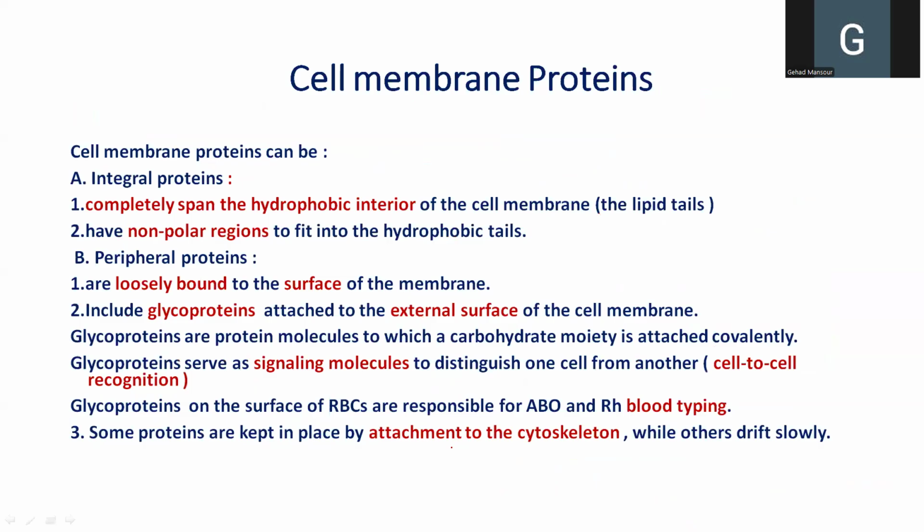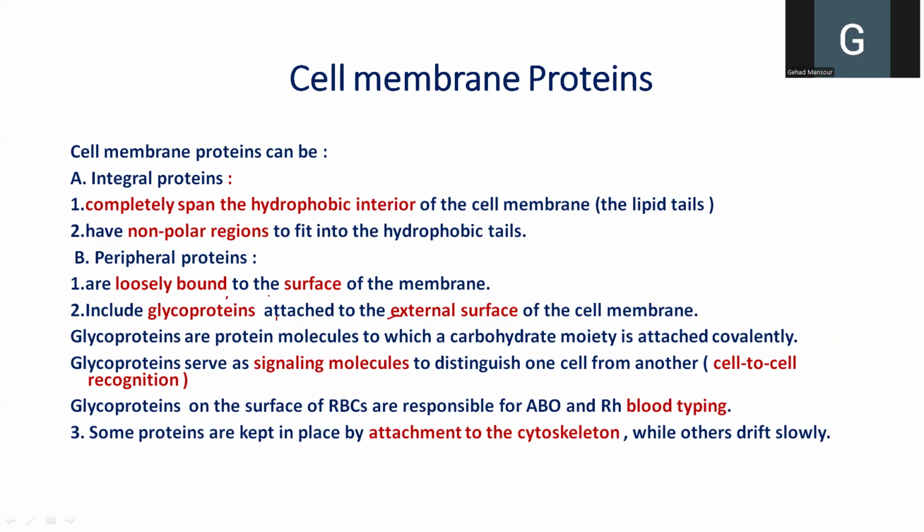Part of it is hydrophilic and part is hydrophobic. What are the cell membrane proteins? As we said before, the first group of cell membrane proteins are the integral proteins. And when we say that they are integral, this means that they completely span the thickness of the cell membrane.